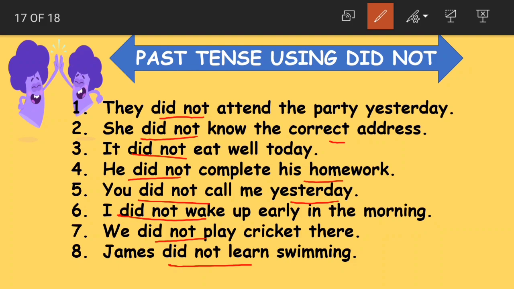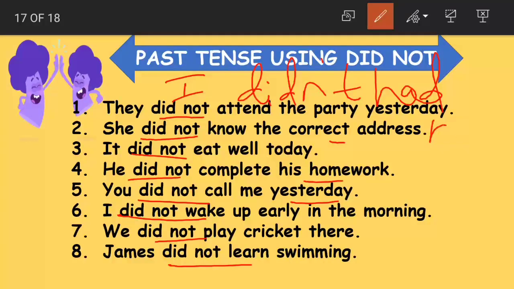Children, I just want to end by saying that in some sentences, we say, they did not had attended the party yesterday, or I did not had breakfast. So sometimes we speak like this or write like this, but this is completely wrong because did not is already in the past tense.